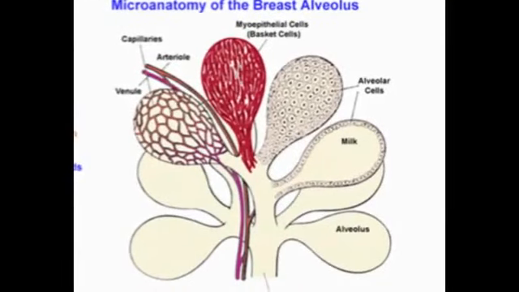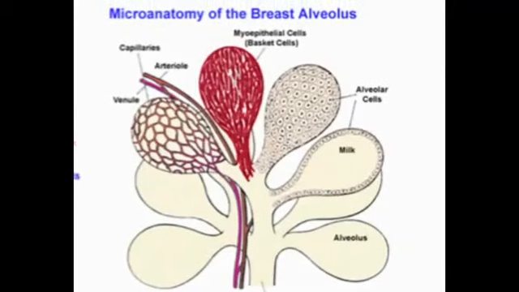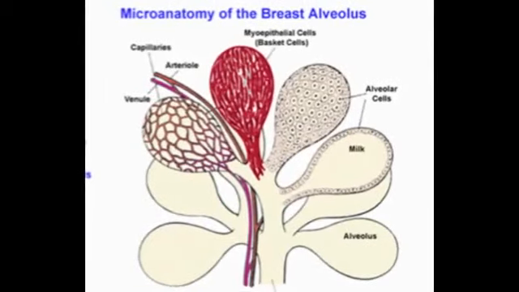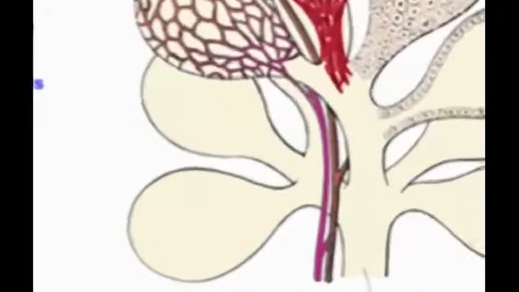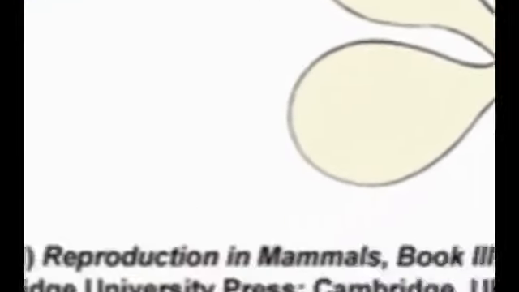And because of the contraction of the muscle tissue, the alveoli, like a sac, are able to extract milk from the alveoli to outside of the gland. On the left side, I just start with alveoli inside of the gland.